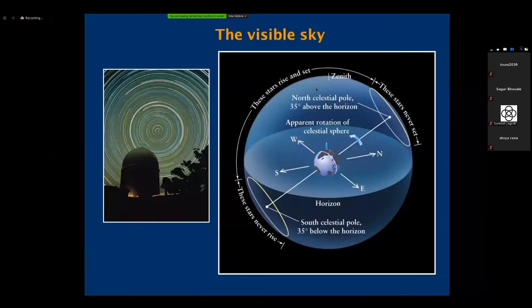Okay, and so I hope you understand now that the sky is not the same everywhere. The shape of the constellations and the patterns of the stars depend on where you are on the Earth, and exactly which star you will see on a given day also depends on where you are on the Earth.